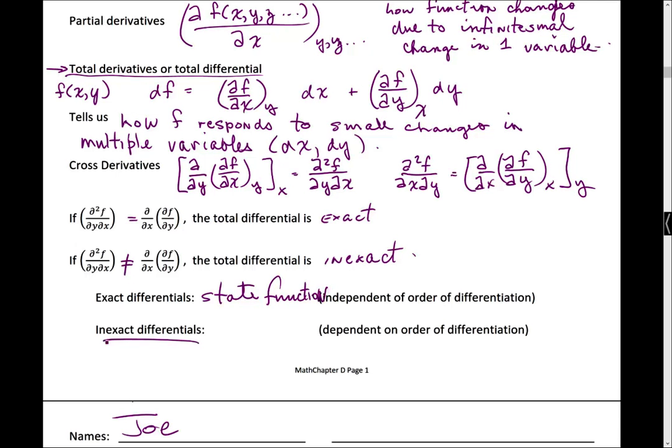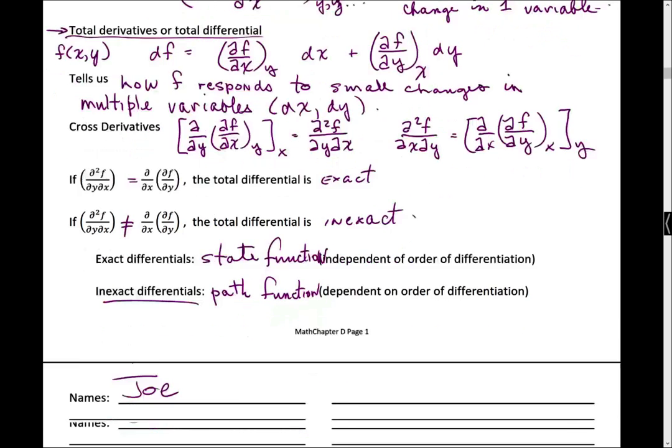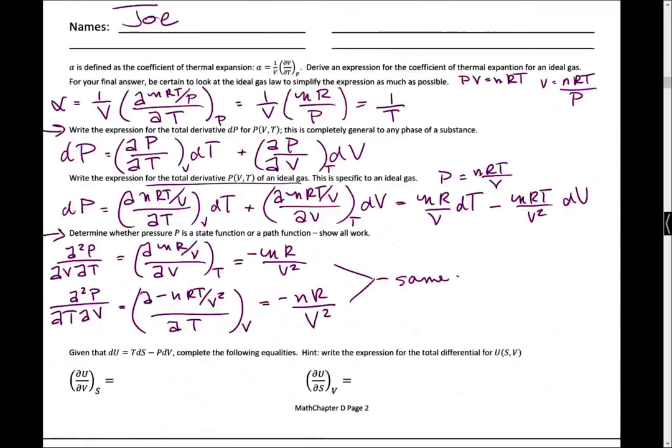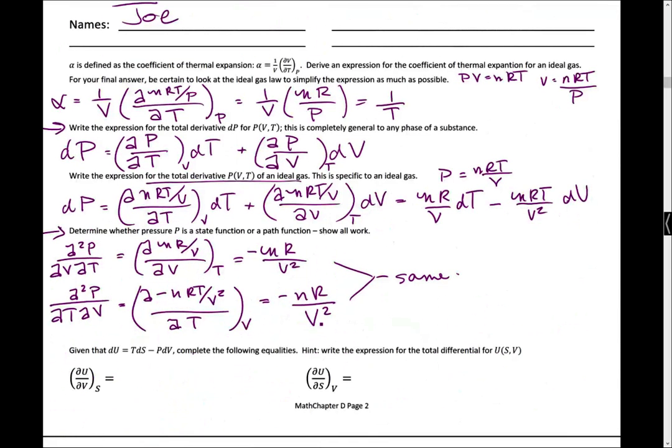And an inexact differential will correlate with a path function. Right? And if we look at what we've just shown, we have our pressure, dP, that's an exact differential. Right? What does that tell me about pressure? Is it a state function or a path function?